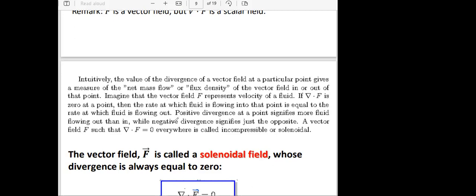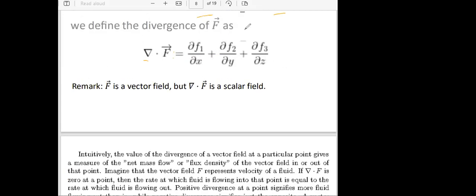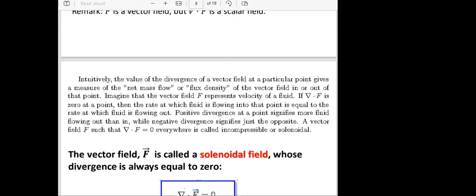If you have a positive divergence when you compute the divergence at a certain point, that means the fluid is flowing out more than flowing in.